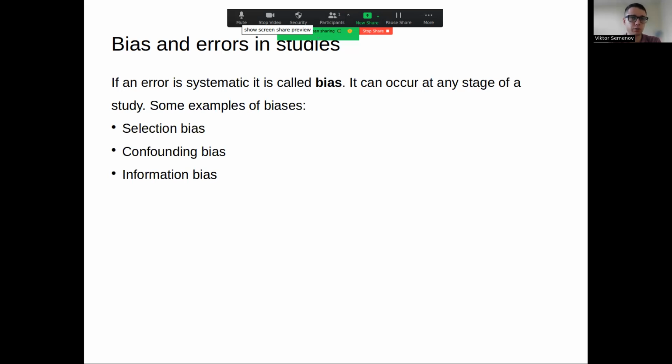Here are some examples of bias. For example, this is selection bias. Selection bias is what I've described. For example, if a doctor who assigns people into studied groups believes that some people are more likely to benefit from a treatment in which he believes, for example, doctors strongly believe statins are good.